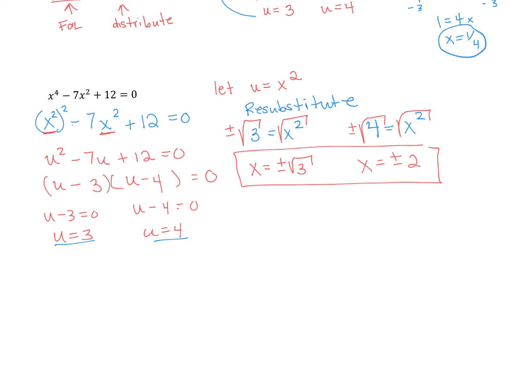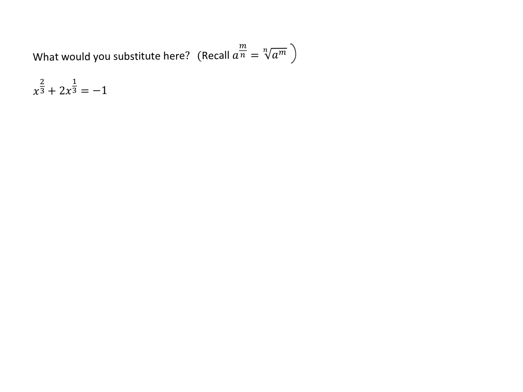All right, let's look at one more example. What do you think you would substitute here when I have x to the 2/3 plus x to the 1/3 equals minus 1? Well, first of all, if it's quadratic in form, it has to be set equal to 0.